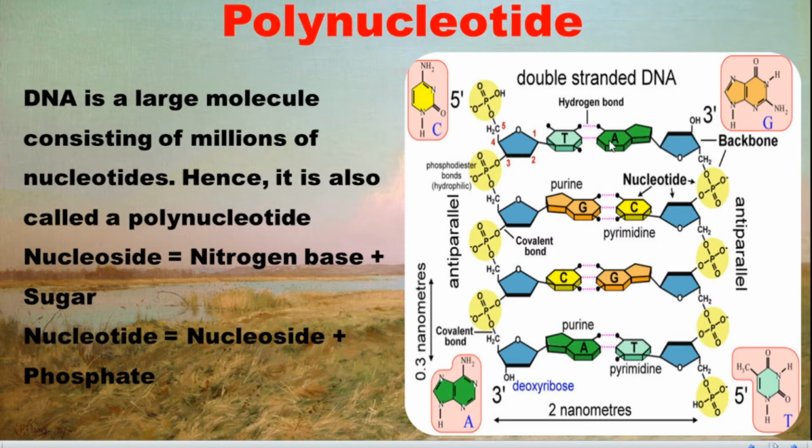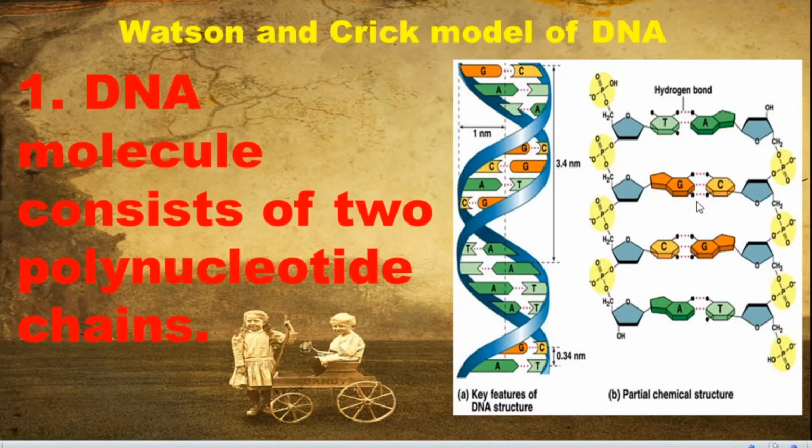Nitrogen bases, sugar and phosphate. Up to these two we call a nucleoside, nitrogen base and sugar. When you add one more thing, a phosphate group, all together we call it a nucleotide. So from the previous slide we can say that a DNA molecule consists of two polynucleotide chains.